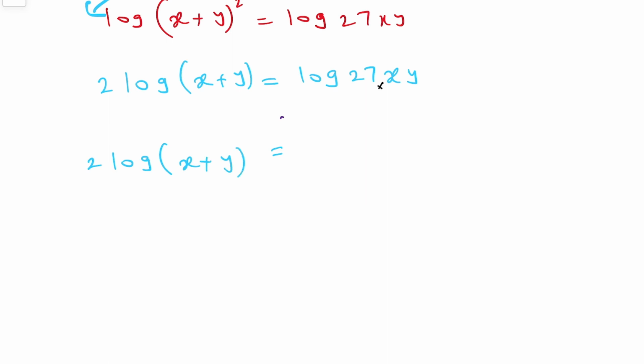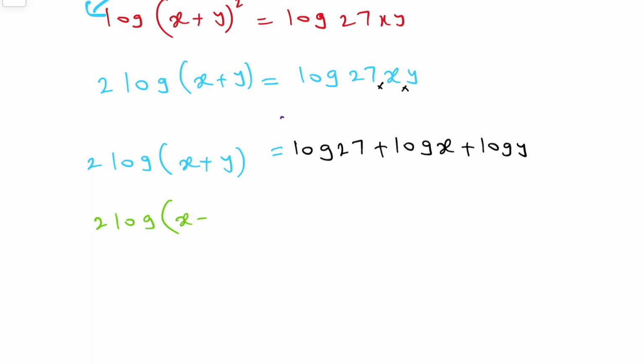27xy means 27 into x into y. In logarithm, multiplication will become addition. So log 27xy can be written as log 27 plus log x plus log y. Again, writing the left side as it is: 2 log of x plus y equals log 27, prime factorization is 3 power 3, plus log x plus log y.